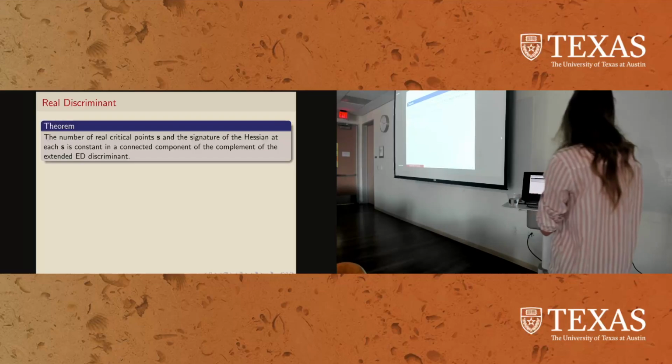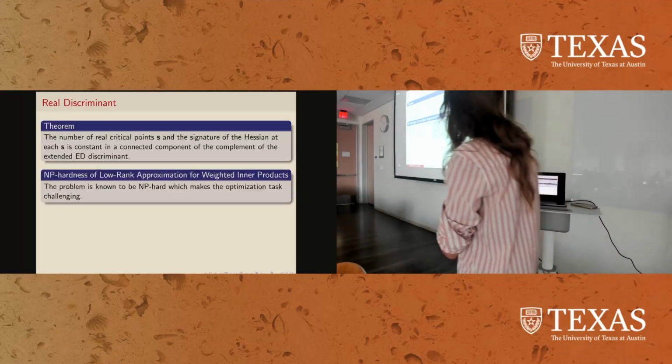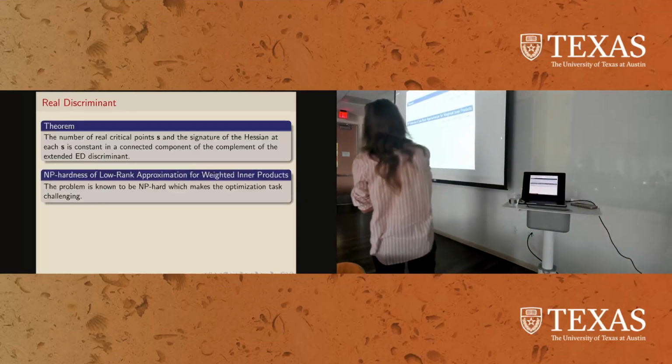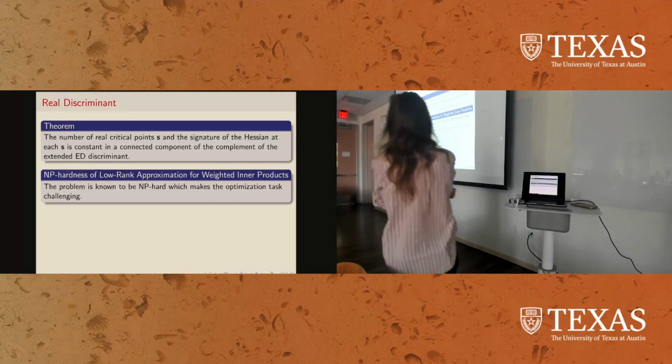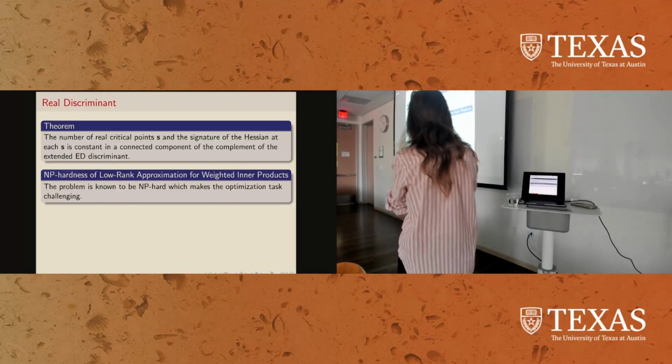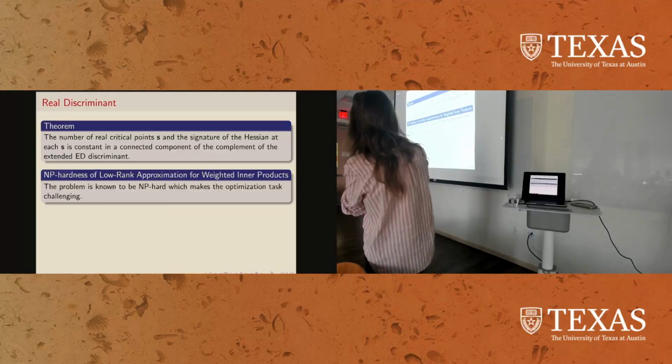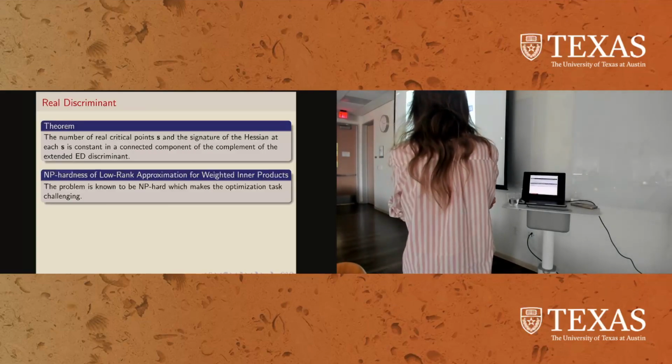And this is very useful for the following reason. I'm not sure whether you're aware of this or not, but as soon as you're using a non-standard inner product for your low-rank approximation, the problem becomes NP hard. There are no closed-form solutions.